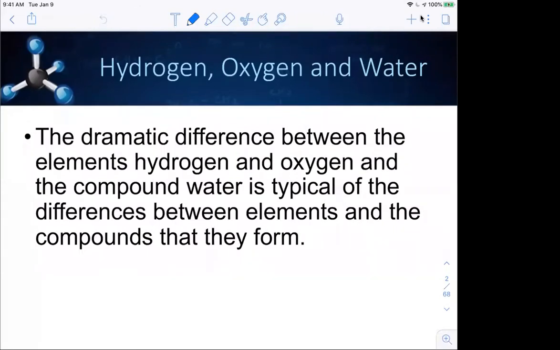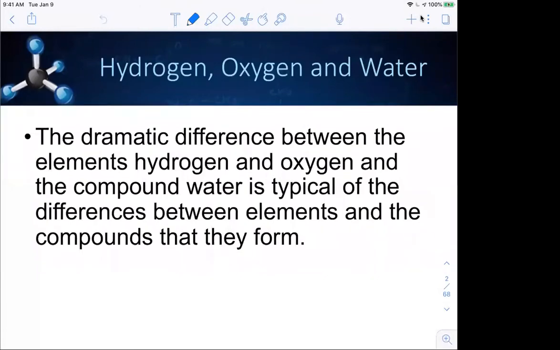Now let's look at hydrogen, which is an element, oxygen, which is another element, and water, which is H2O. There is a dramatic difference between the elements of hydrogen and oxygen and the compound water.